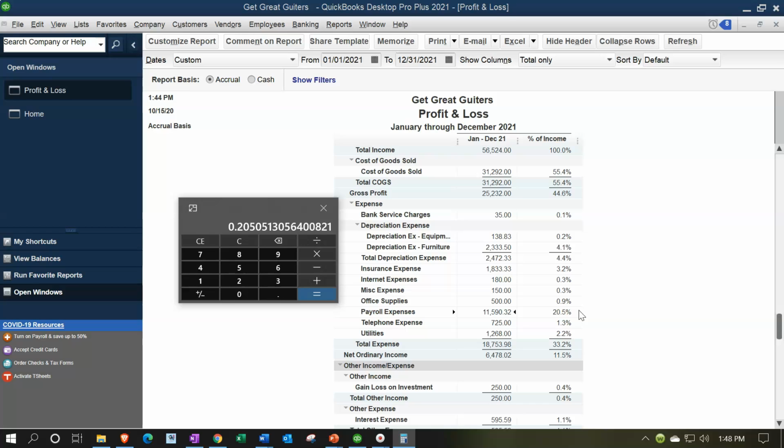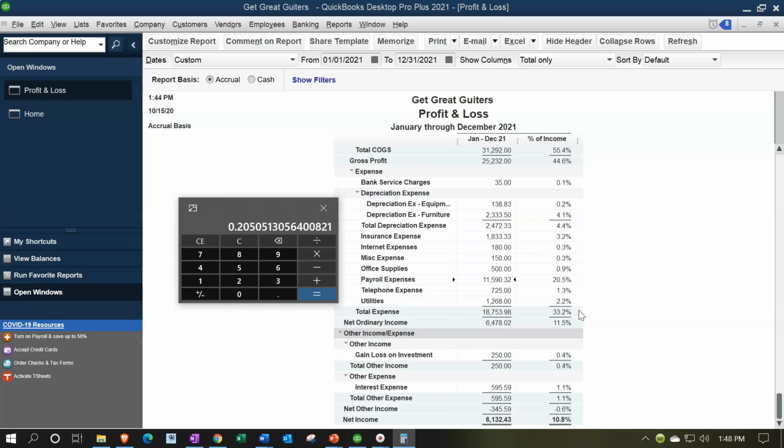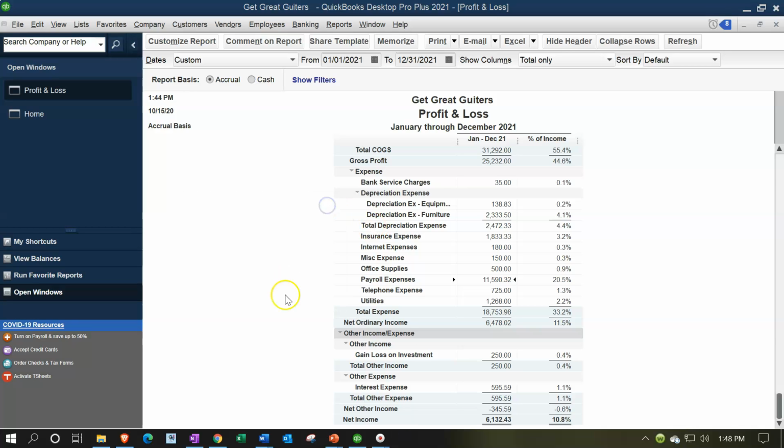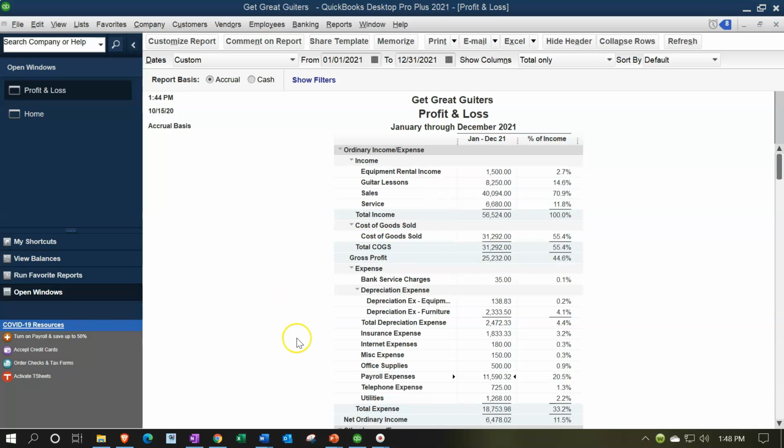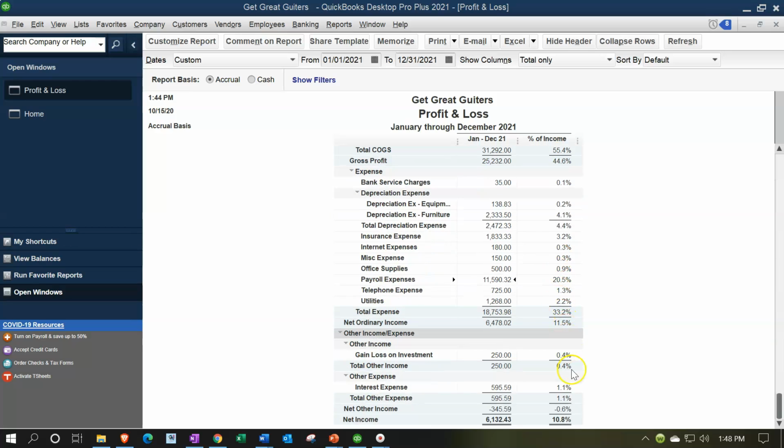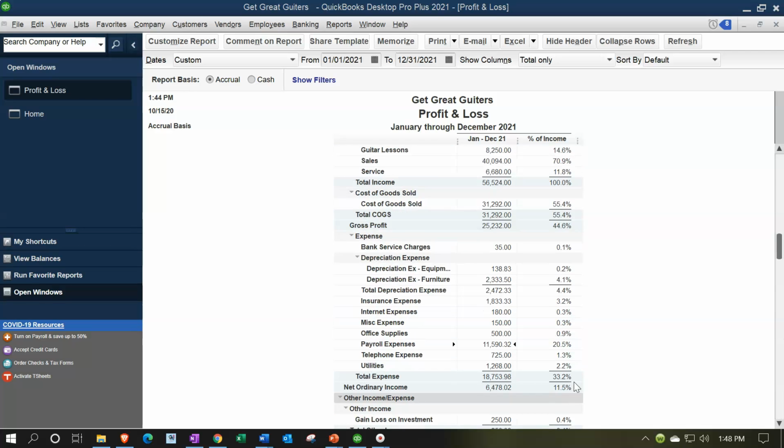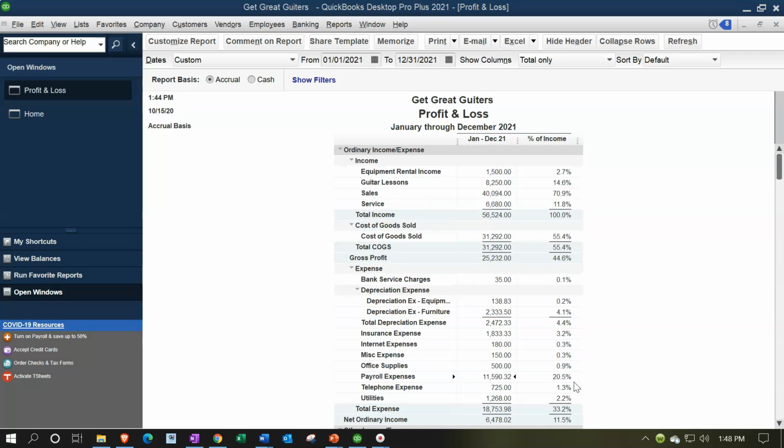If we did the same for a larger company that was making millions of dollars and whatnot, we can do the same comparative analysis, and that can give us some substantial feedback. So that's going to be the standard kind of vertical analysis that you would have. So notice you have 100% here. None of the expense lines are going to add up to 100%, right? Because the expense lines are being compared not to the total expenses, but rather to the total income line item.